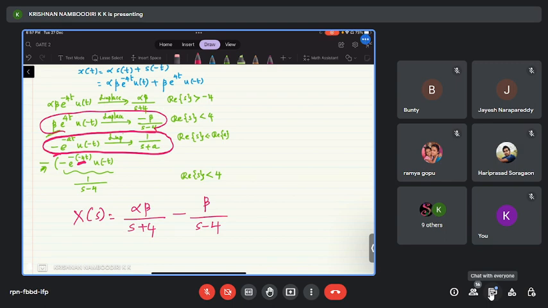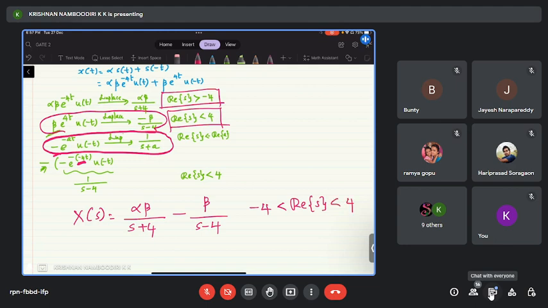When you are adding two Laplace transforms, what is the overall ROC? ROC is nothing but the intersection of those two regions. Okay, so in one case, real part of s greater than minus 4, and in the next case, real part of s less than 4. So the overall ROC is the intersection of those two regions. That means minus 4 less than real part of s less than 4.